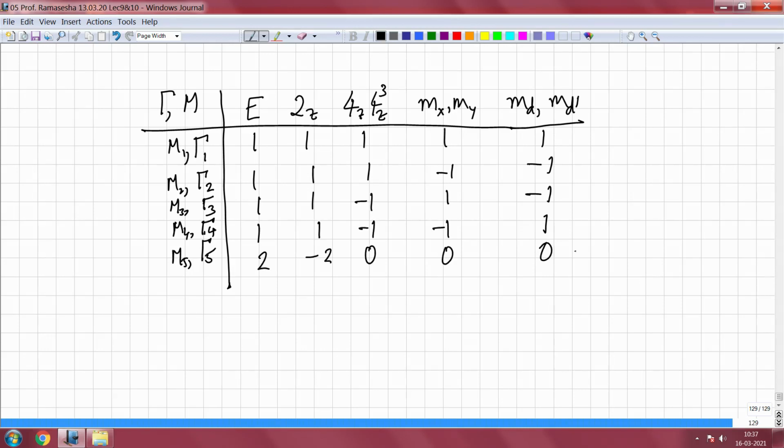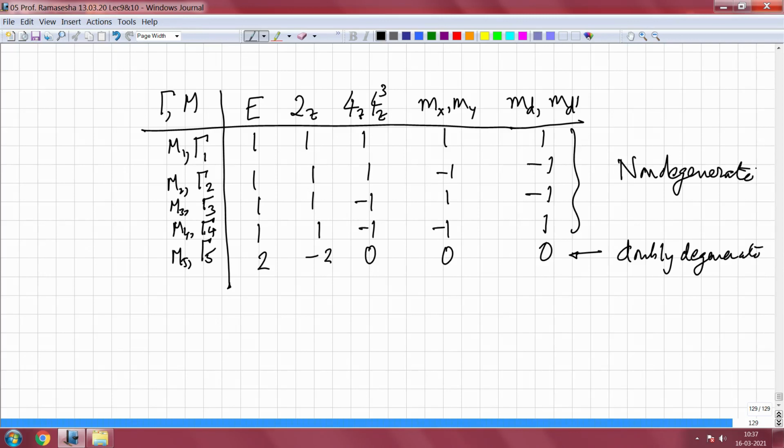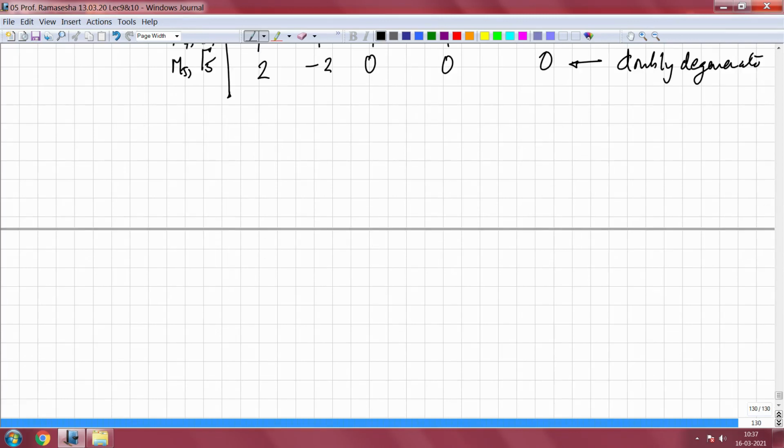This is doubly degenerate because the character under the identity operator is 2. So, it is doubly degenerate, and all the other states are singly degenerate. These are all non-degenerate. Now, what are the symmetries at the X point? At the X point, the symmetries are the following.